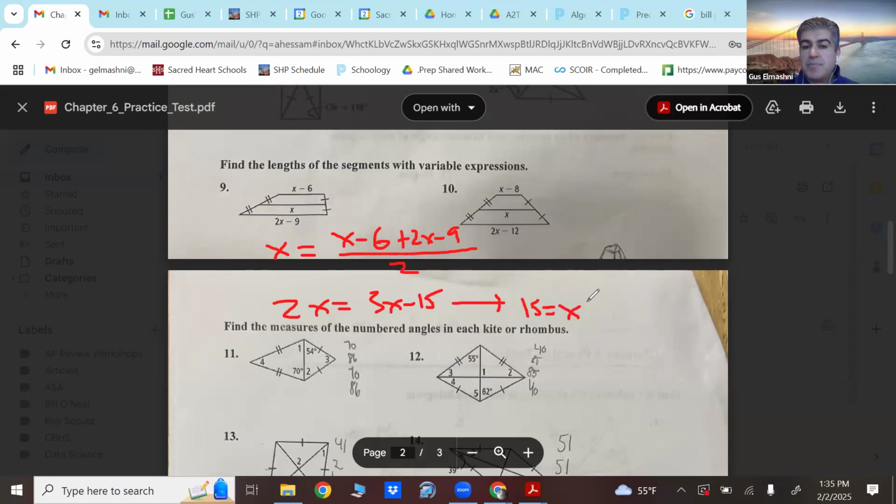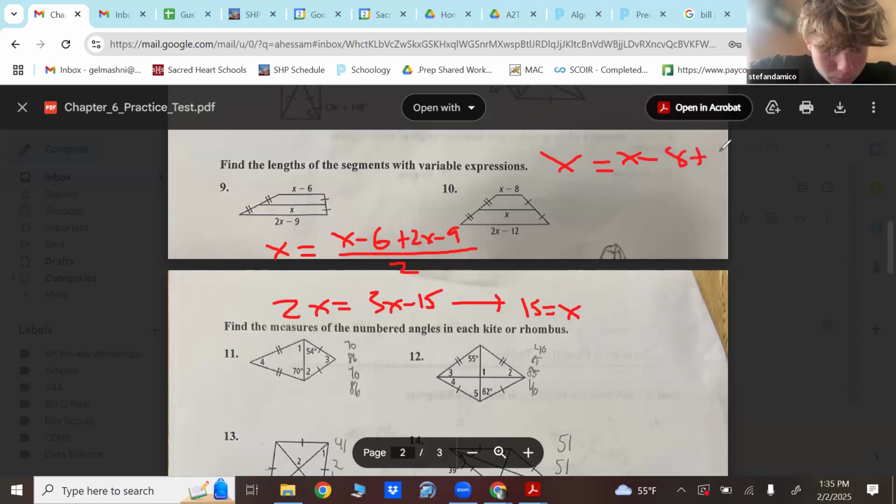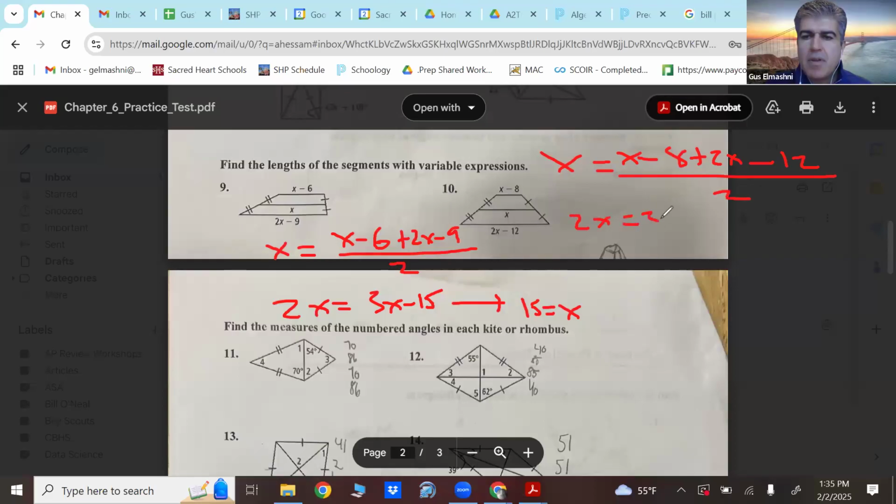The x is 15. And you do the same thing here. So find the length of each segment.